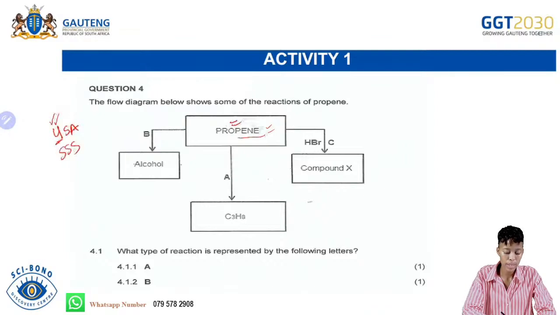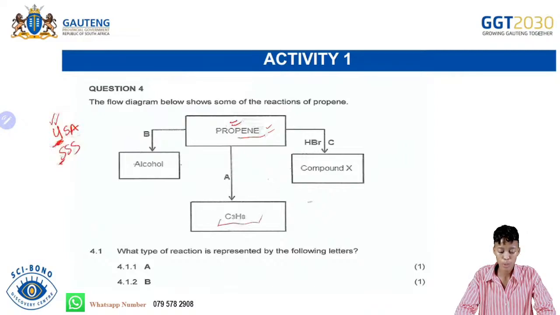So already you can see that you are going to be dealing with either unsaturated or saturated. But you have propene, it has double bonds, so propene is unsaturated. Going on to this one is your propane. How can you tell?